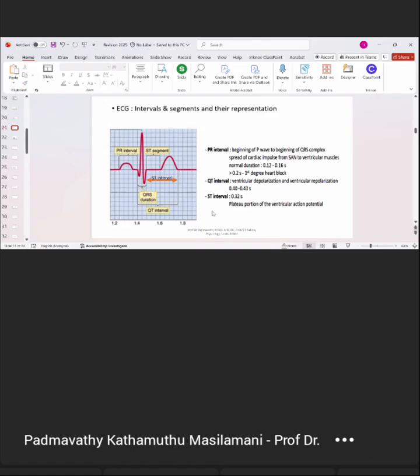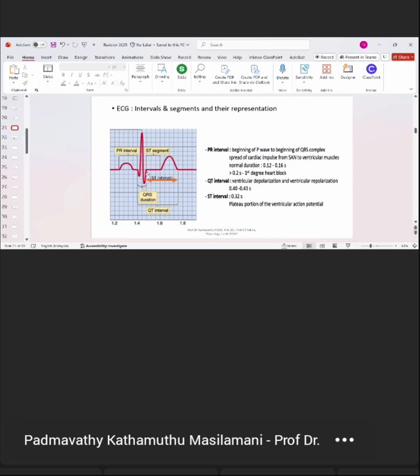So don't worry about that. What we need is the difference between the segments and intervals, and the importance of the ST segment and its elevation and depression. I already mentioned the changes in myocardial infarction: deep Q wave, ST segment elevation, and inversion of T wave. These three are important changes of myocardial infarction, and also the QT interval and the TP segment.